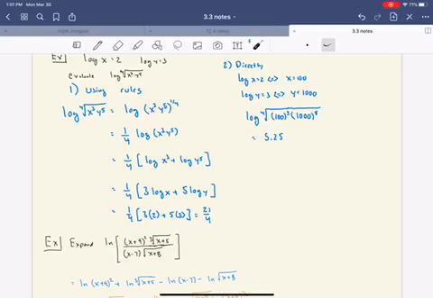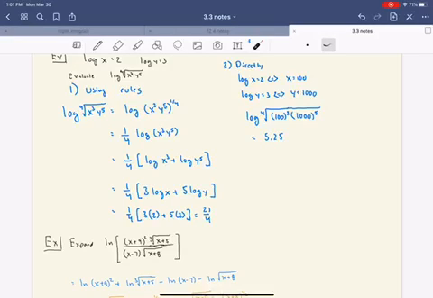Now, the next step, we have x cubed times y to the fifth inside a logarithm. That means we're just going to add log of x cubed, log of y to the fifth. Again, exponents coming in front. So this 3 becomes that 3. This 5 is that 5.